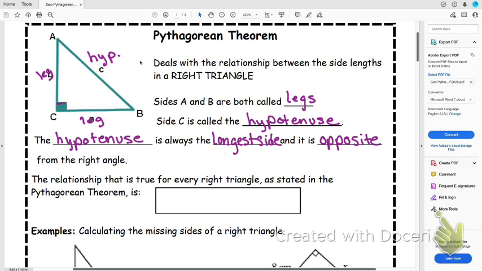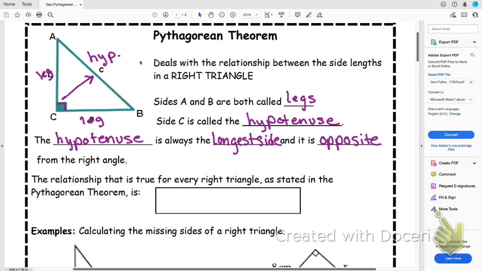So here's the right angle. So opposite is the longest side and the hypotenuse. It does not matter which leg is a leg. Doesn't matter. I don't care. It matters the hypotenuse. There is only one. It matters what it is.